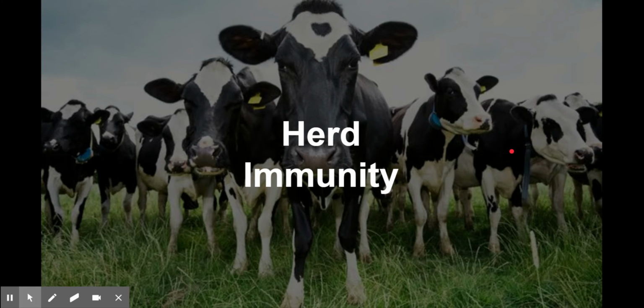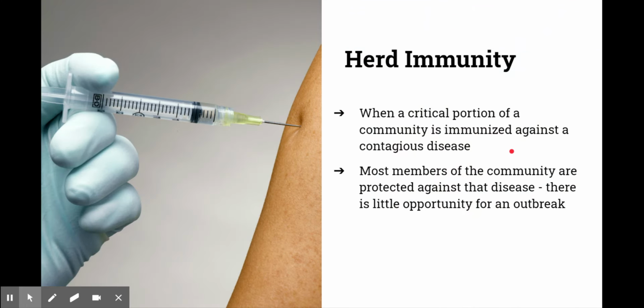Herd immunity is why we have flu shot campaigns. Herd immunity is when we have enough people in a community who are immunized against a disease that the entire community is safe.